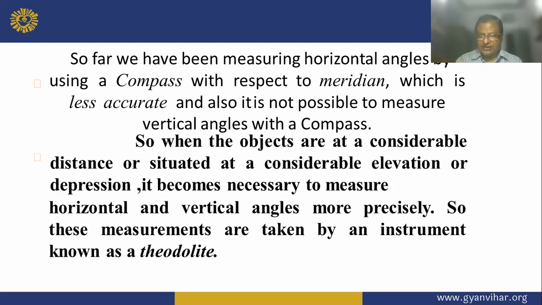So when the objects are at a considerable distance, situated at a considerable elevation or depression, it becomes necessary to measure horizontal and vertical angles more precisely. So the measurements are taken by an instrument known as a theodolite.